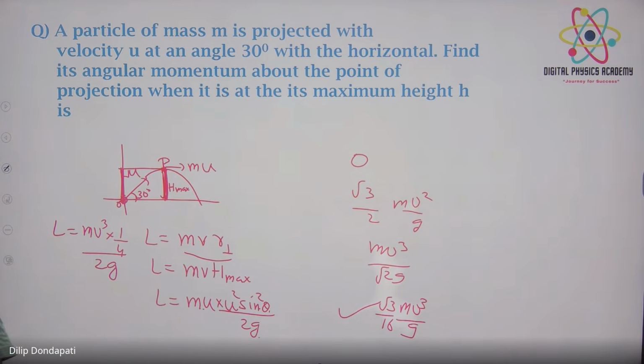mu into √3, mu into u square by 8g. 1/4 by 2g. 1/4.